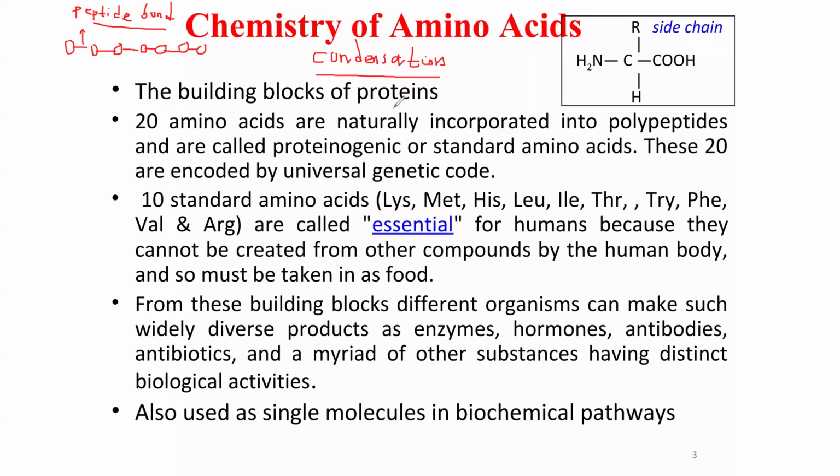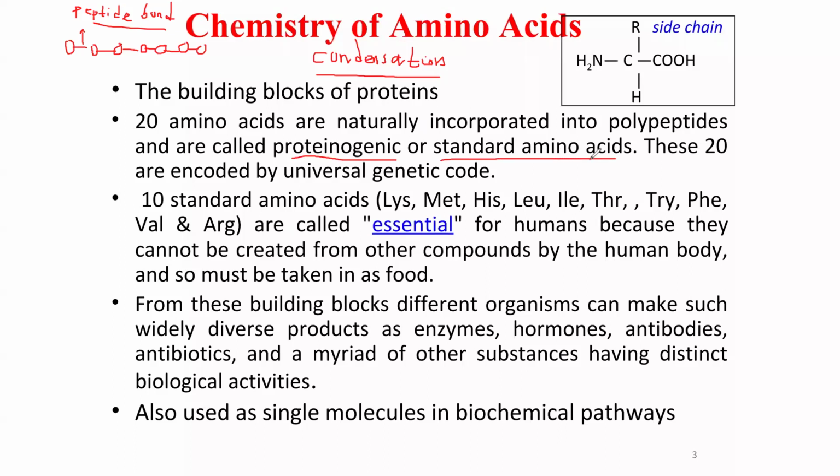So most of the reactions taking place when forming proteins are condensation reactions. There are 20 amino acids that are naturally incorporated into polypeptides, and they are called proteinogenic amino acids, meaning they are used in the synthesis of protein. You can also call them standard amino acids.